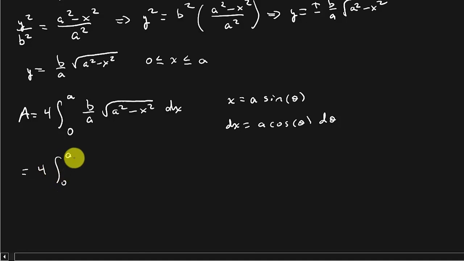And so I get 4 times the integral from 0 to a. Now, the b over a, let's go ahead and pull that out, just to make it a little easier. That's just a constant term.